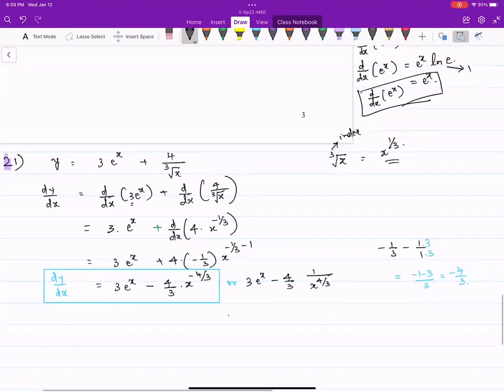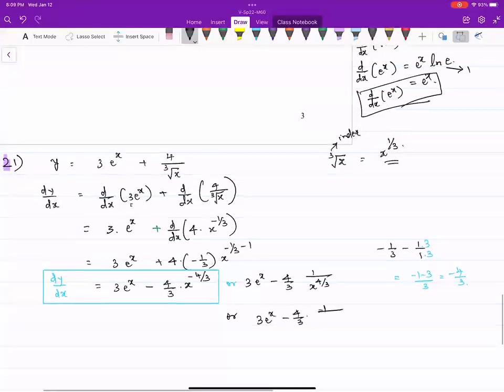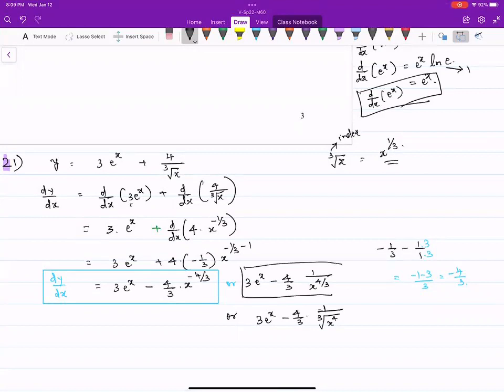Or you can also write 3e to the x minus 4 by 3, 1 over the cube root of x to the power 4. So these are several ways of writing it. This one is more appropriate because we are writing the exponent in the positive form.